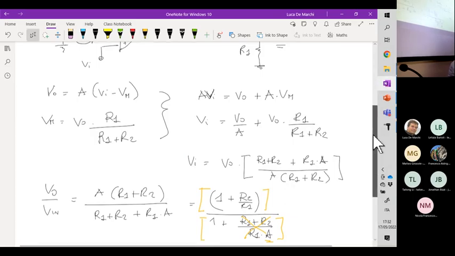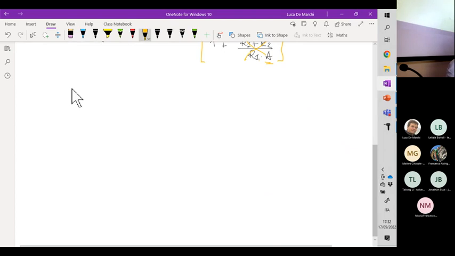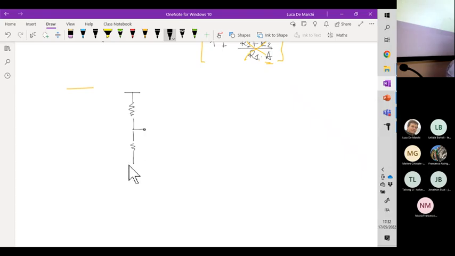Let me further clarify. So a voltage divider is simply a circuit like this. R1 and R2. This is V out and this is, let's say, V in. If this is an open circuit, then the current which flows through R2 should be the same which flows through R1.